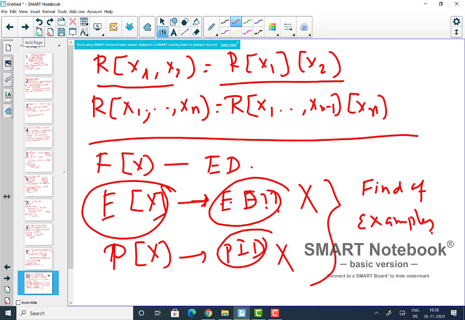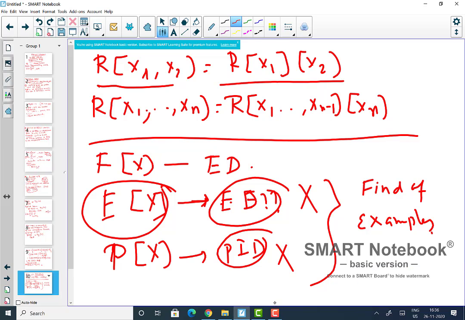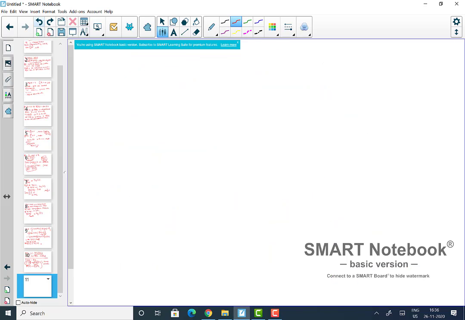To prove this, let me discuss a very important theorem which we call Gauss Lemma, named after the German mathematician Carl Friedrich Gauss.